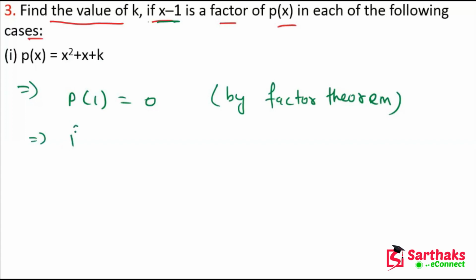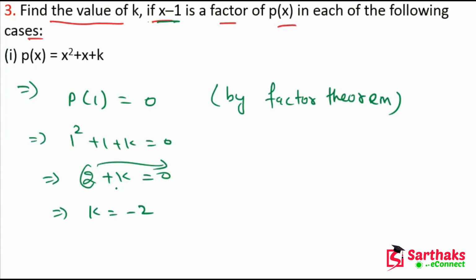So we get 1 square plus 1 plus k equals 0. So we get 2 plus k equals 0. So k equals minus 2, because if we shift this 2 to the RHS, the sign will change and we get minus 2. So my dear friends, this is our answer. I hope you understand these things.